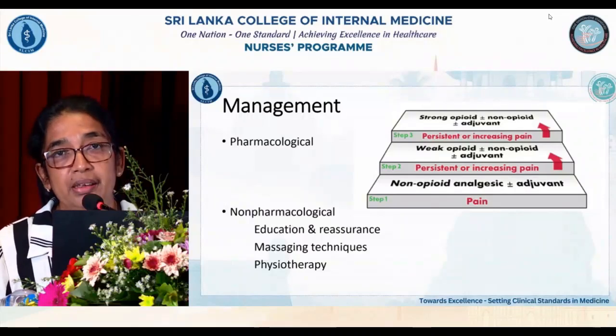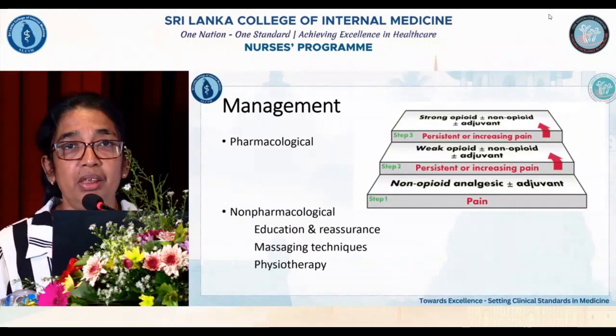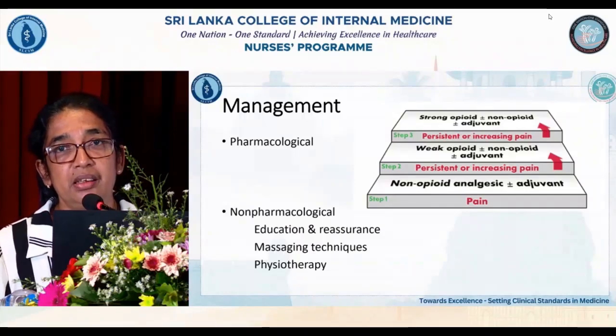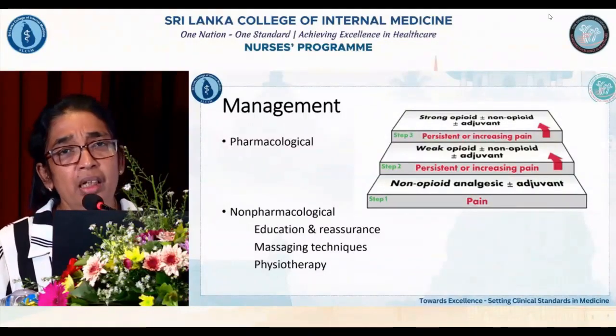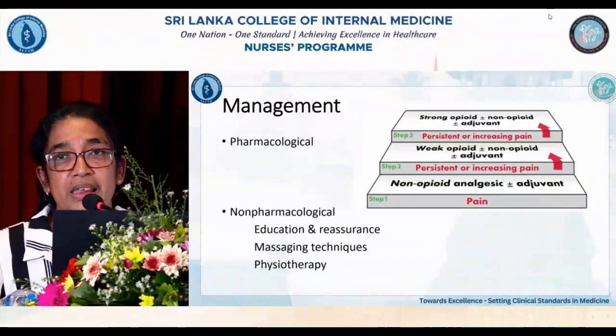That's why I said that in pharmacological management, even though the doctor prescribes, the nurses have a big role in that aspect. And non-pharmacologically, I think the main role is played by the nursing officers.